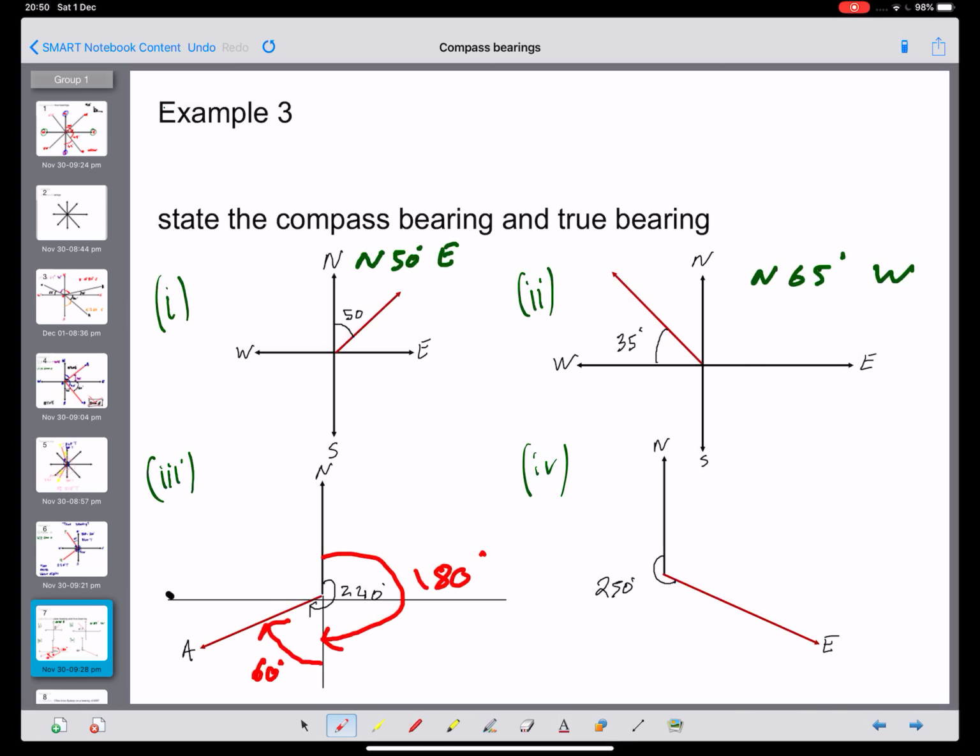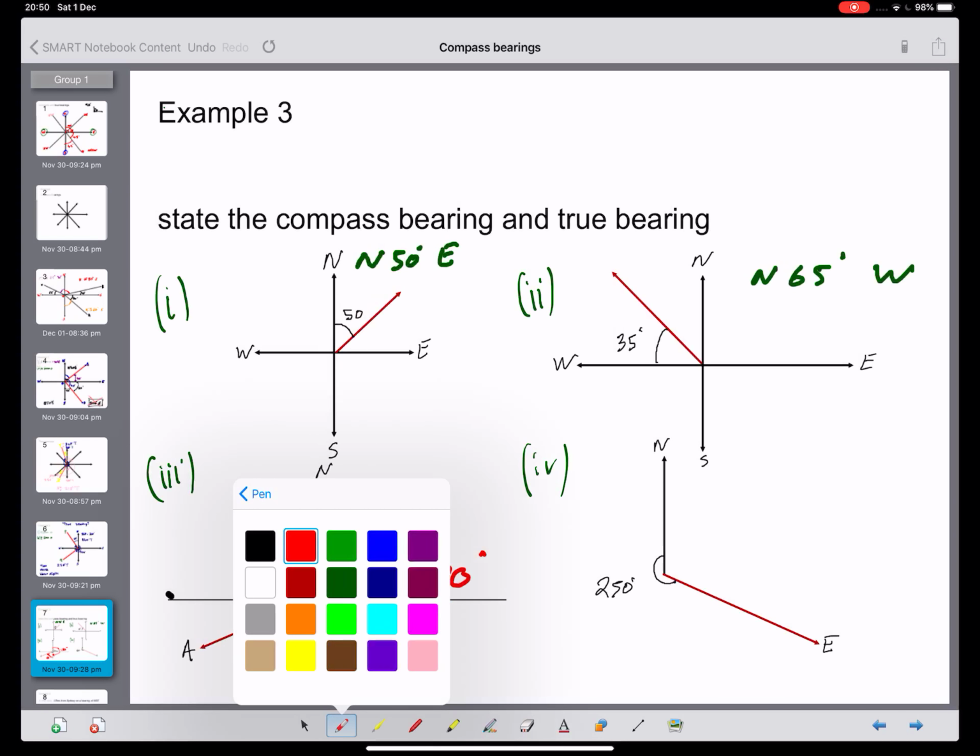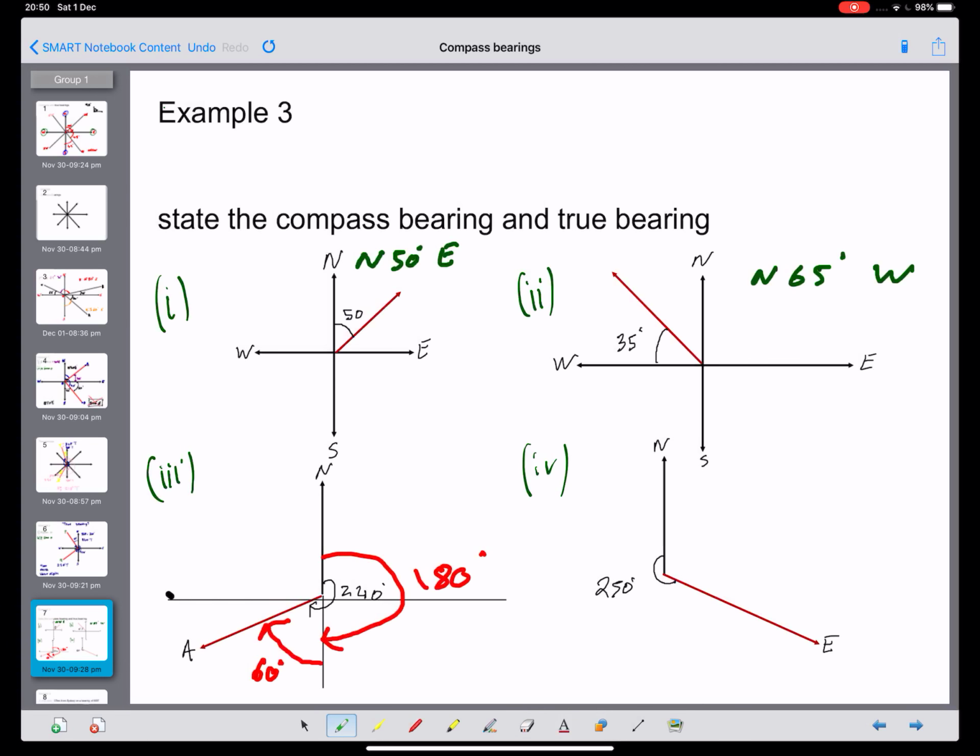So the compass bearing of this is going to be, we're in the southwest quadrant. So southwest, what does it measure from? South. So 60 degrees.